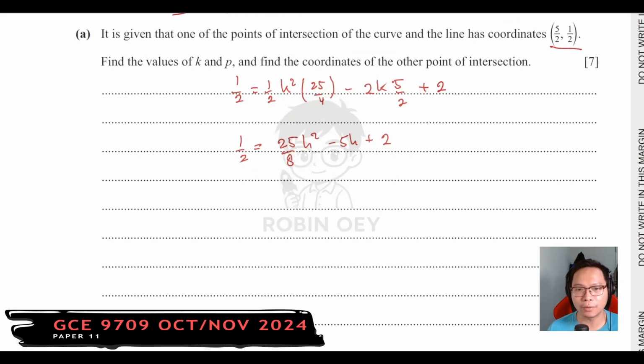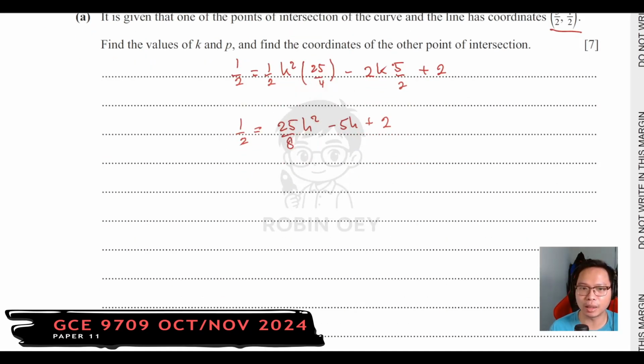Okay, so if I multiply both sides with 8, we get 4 equals to 25k square minus 40k plus 16. So we get 25k square, we move the 4 to the other side, then we get minus 40k plus 12 equals to 0.